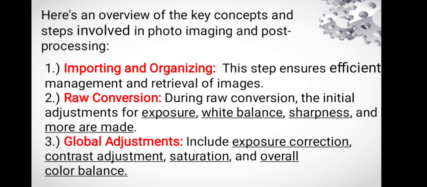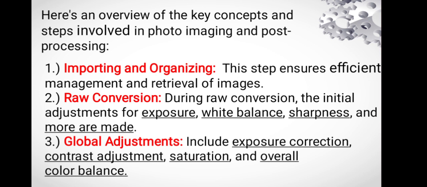sa pag-i-edit. So number two is RAW conversion. So many photographers shoot in the RAW file format. So maraming mga photographer na ginagamit din ang RAW, which captures all the unprocessed data from the camera sensor. RAW files offer greater flexibility for post-processing compared to JPEG files.